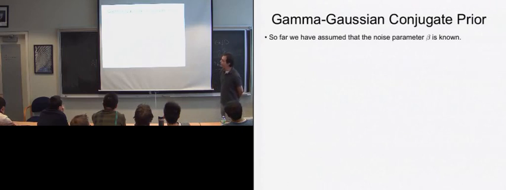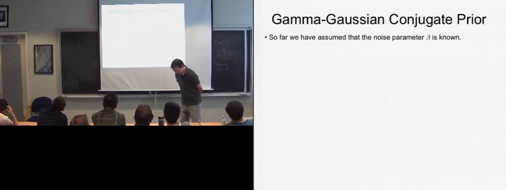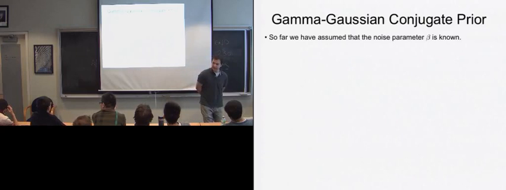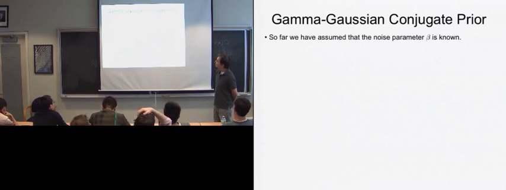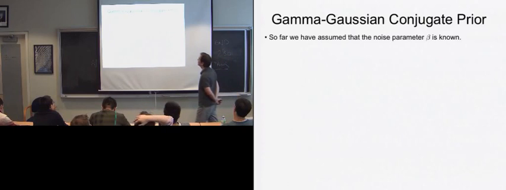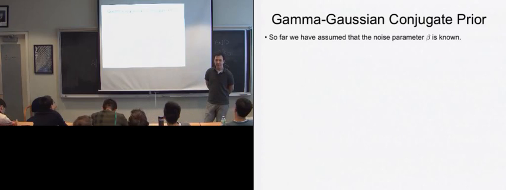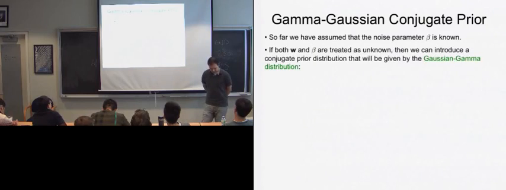Now, one other thing you can do is extend this model a little bit. It's commonly done in practice as well. So far we've made an assumption that the noise parameter is known. Whenever you specify the likelihood function, we've assumed that the noise is known.